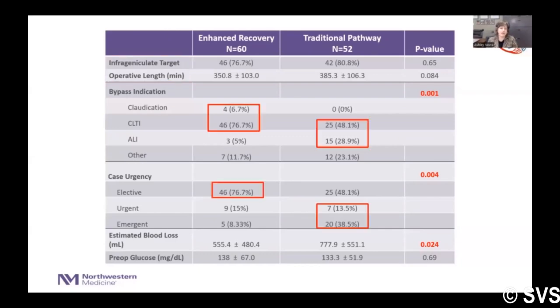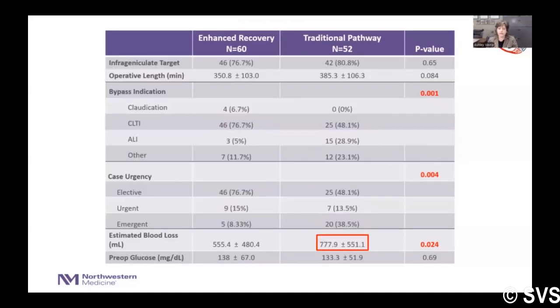So if patients came in with an urgent or emergent indication, which of course fits with the CLTI or acute limb ischemia categories, they were less likely to be enrolled in enhanced recovery. And it boiled down to more challenges in evenings and weekends with communication to the care team about enrolling those patients in enhanced recovery, which varied much more widely than when patients were booked electively. And that has improved with time.